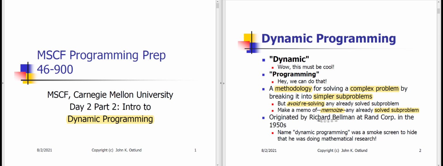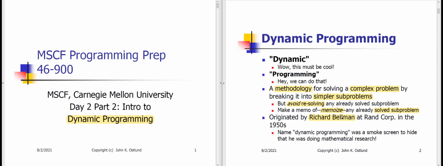So this was originated by a fellow named Richard Bellman at Rand Corp, which was a defense, well, still is, a defense contractor in the United States. And at the time, according to Richard Bellman anyway, the Secretary of Defense was from an industrial background and had great suspicion of scientists doing research.